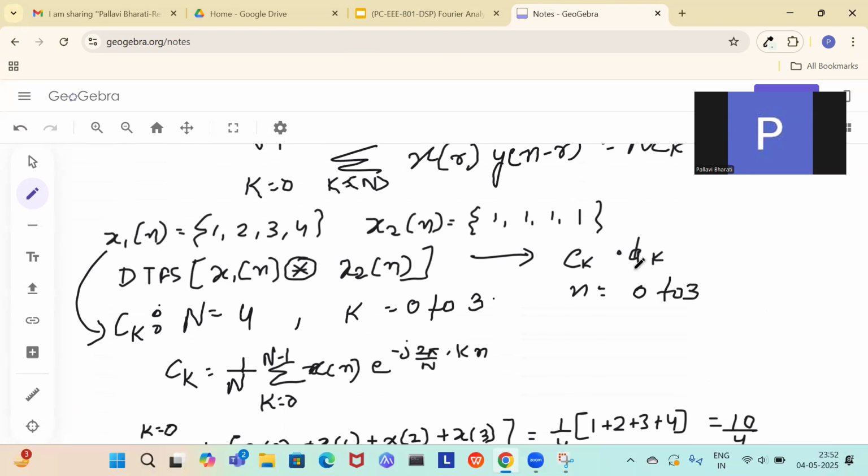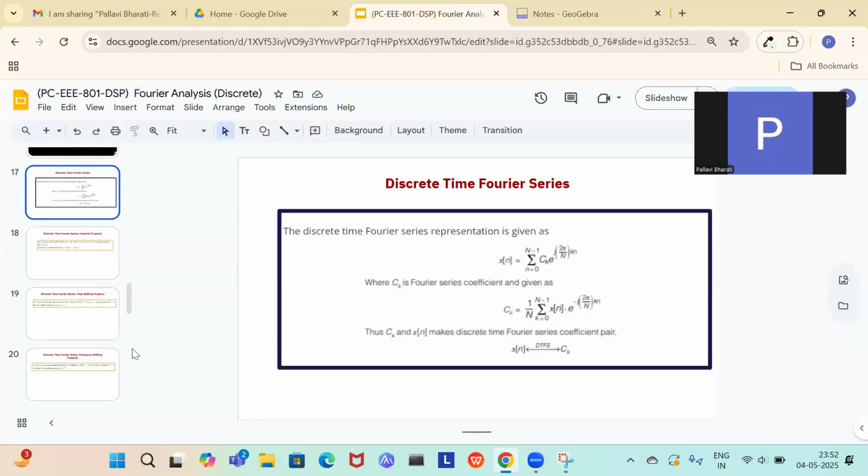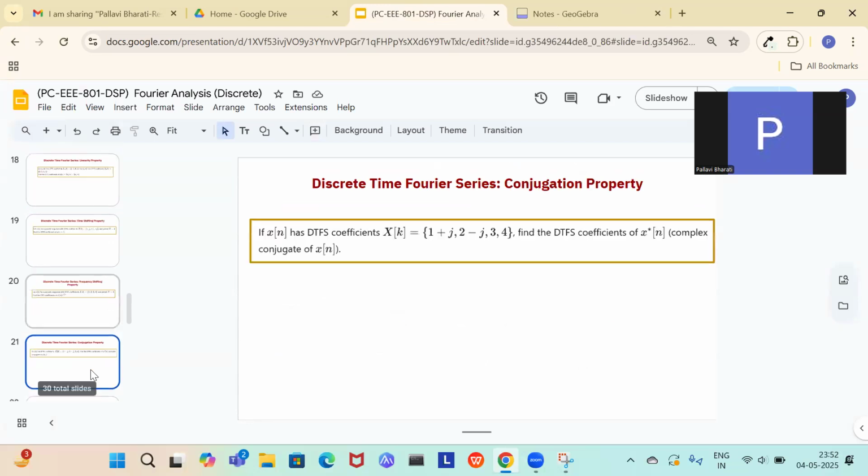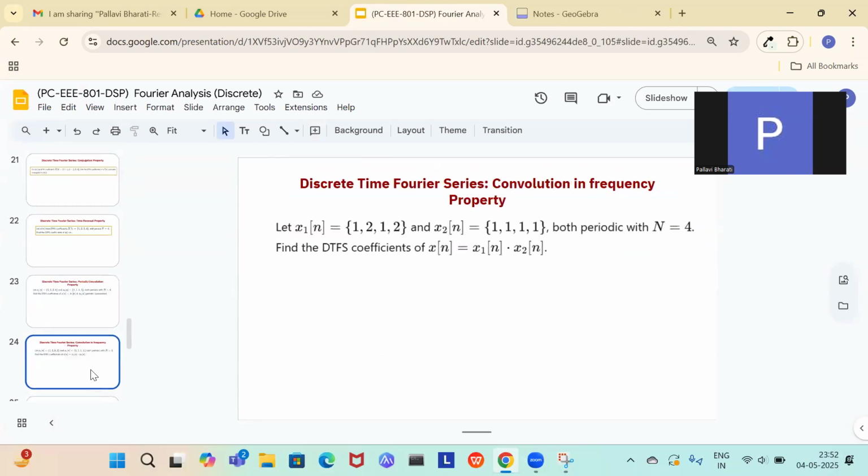Fine. Now let's go on to the next property, which is the convolution in frequency property. That means you are multiplying in the time domain. So when you are multiplying in the time domain, in the frequency domain you are going to do the convolution.